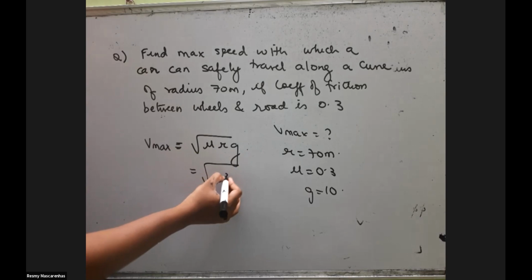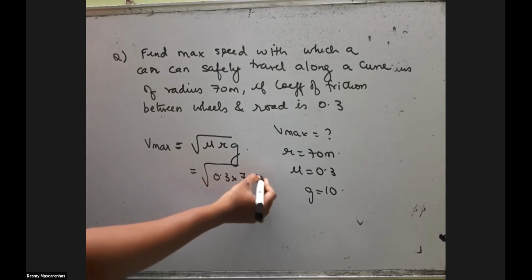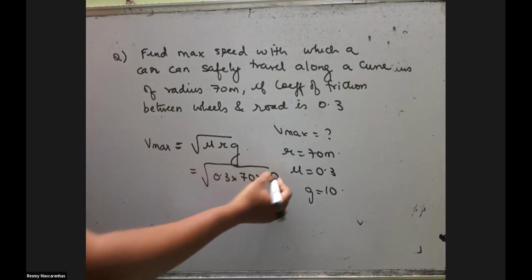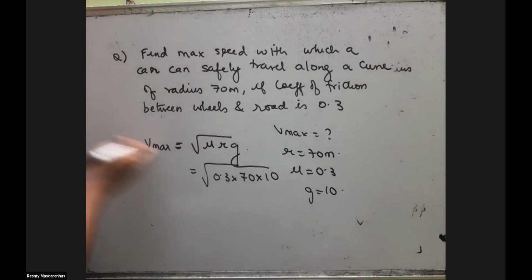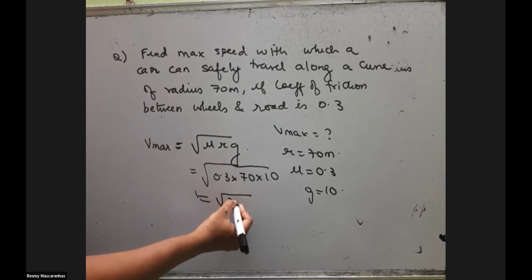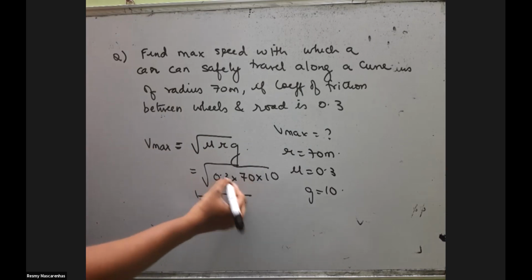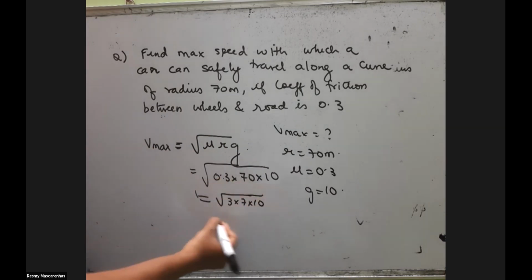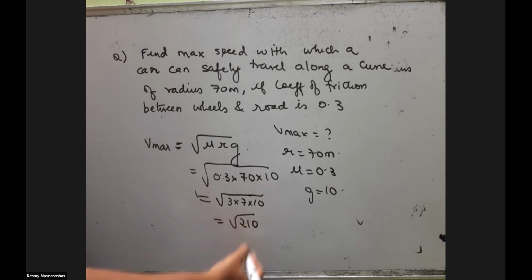That is root of 0.3 times radius 70 times 10. So this will be 3 into 7 into 10, 21 to 210. Around 14.4.